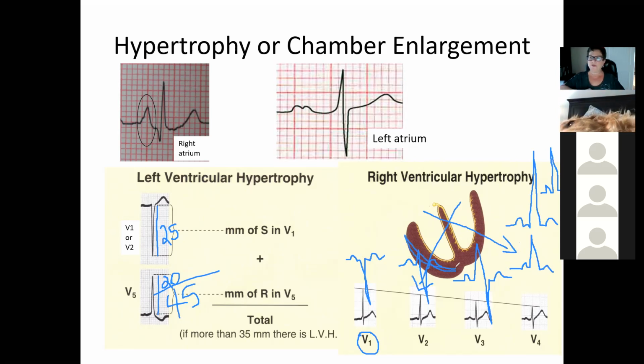If you look at me in the video, my fist is V1. Normally, the electricity goes down and away from it. But when I grow a big right heart, the electricity is coming towards V1. And whenever electricity comes towards a camera or a positive pole, you get a tall QRS.